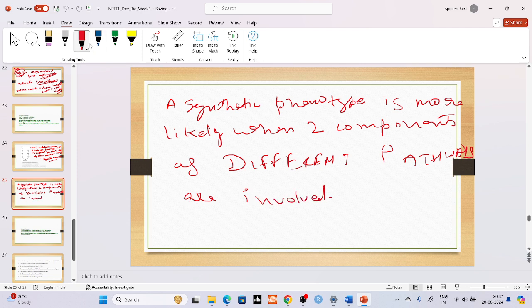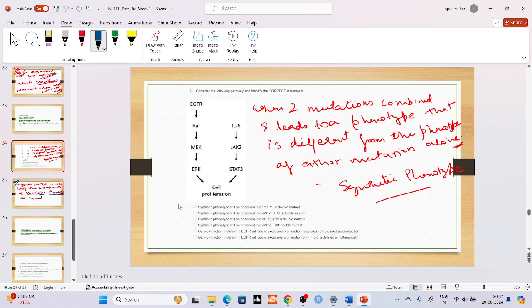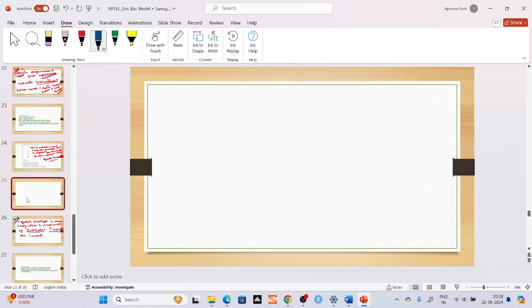This is important, and this line will help you to solve the question. When two components of different pathways are involved, then a synthetic phenotype is more likely to occur. Now, why is a synthetic phenotype more likely to occur when two components of different pathways are involved? Let's see here.